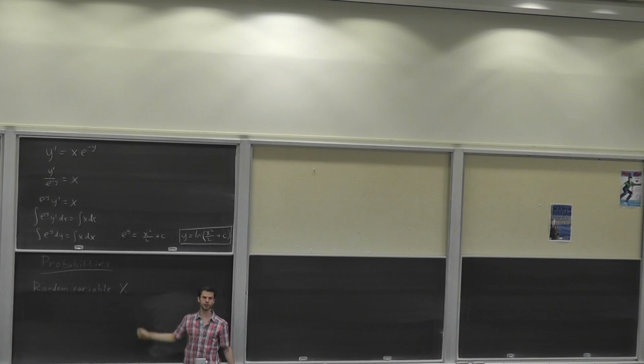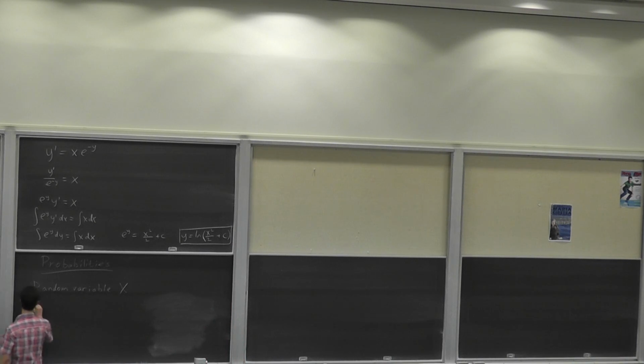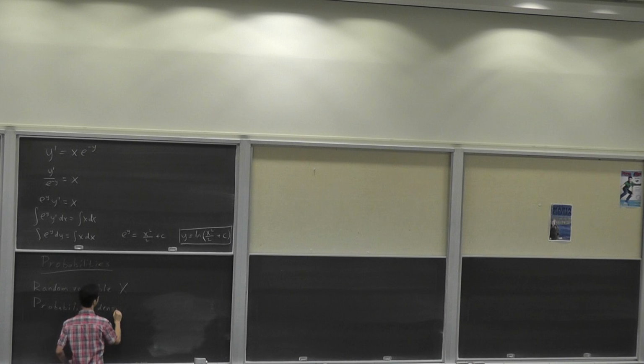And we call it a random variable. With the random variable, the results are associated with the probability density function, or probability mass function.